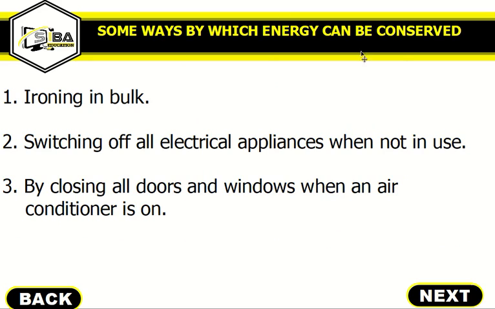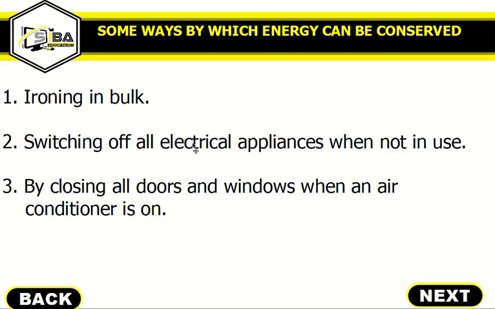Some ways by which energy can be conserved: 1. Ironing in bulk at home. 2. If you want to conserve energy, then we have to switch off all electrical appliances when not in use.